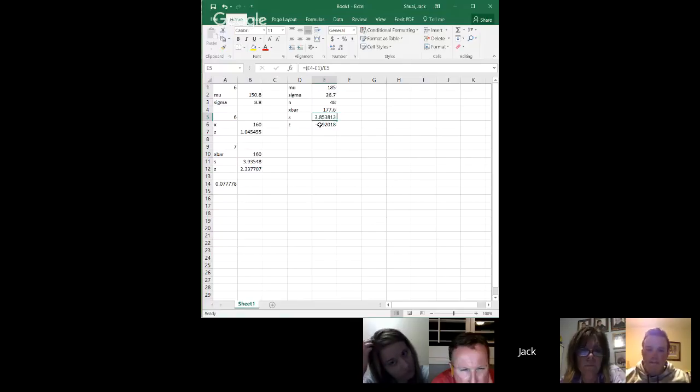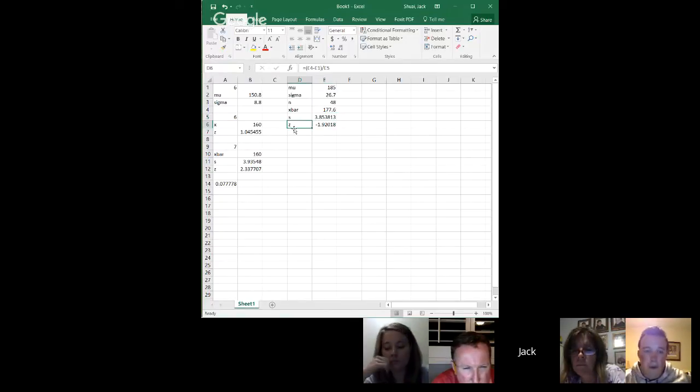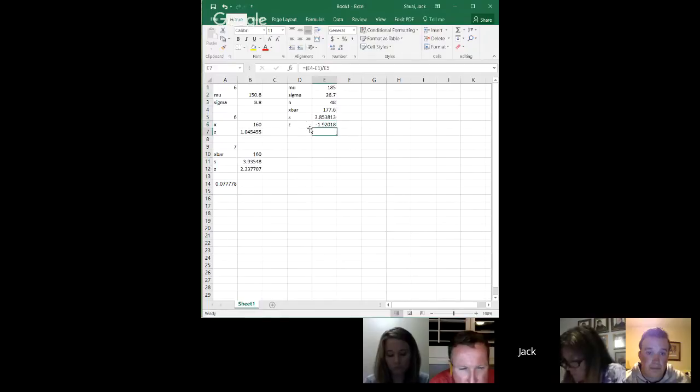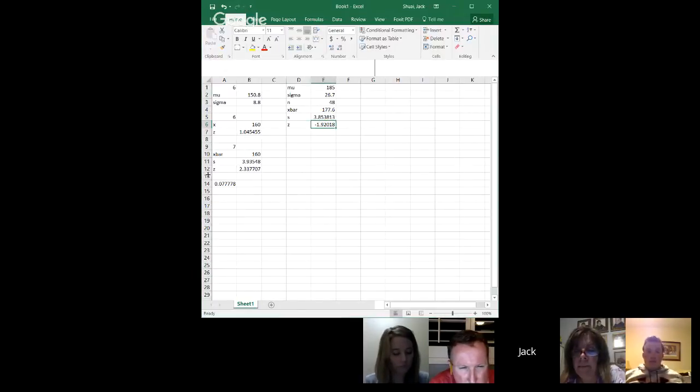So we get 3.85. With that, we can find the z-score for this sample, which is our sample mean minus our population mean divided by our sample standard deviation. So we get a z-score of negative 1.92.